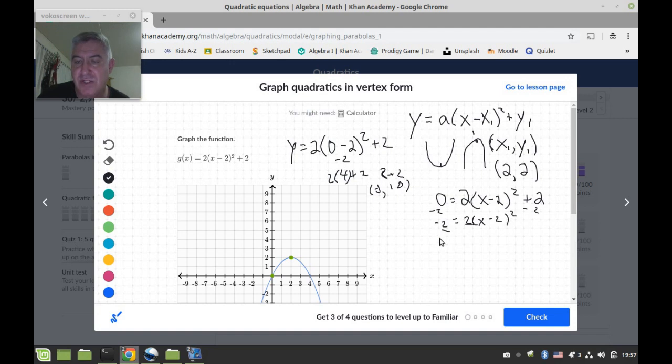I'm going to divide by 2 on both sides, and I'm going to have negative 1 is equal to x minus 2 squared, and then I'm going to take the square root of both sides, and I'm in a pickle again, and I can't do that. Why? Because it opens up, and so there is no x-intercept. So we can't find x either.